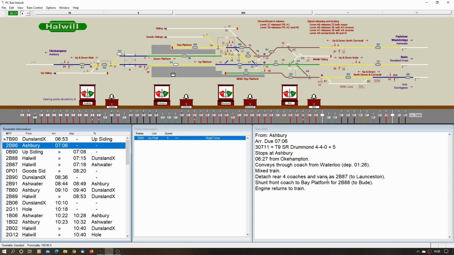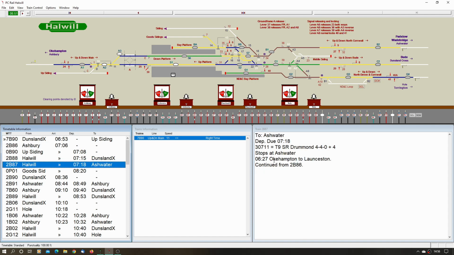Detach rear 4 coaches of vans to Launceston, and then shunt front coach to bay platform for 2B88 to Bude, and 2B87. So we know that Oakhampton to Launceston is on the Ashwater line.